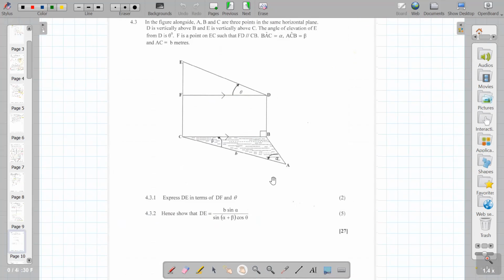DE, and then because it's a rectangle, I will go down to this. So here, just this point is important. We may not solve it. What's that point? The length of DF and the length of BC are the same. So when you express DE in terms of DF, actually DF is the same as BC. So I will combine these two.